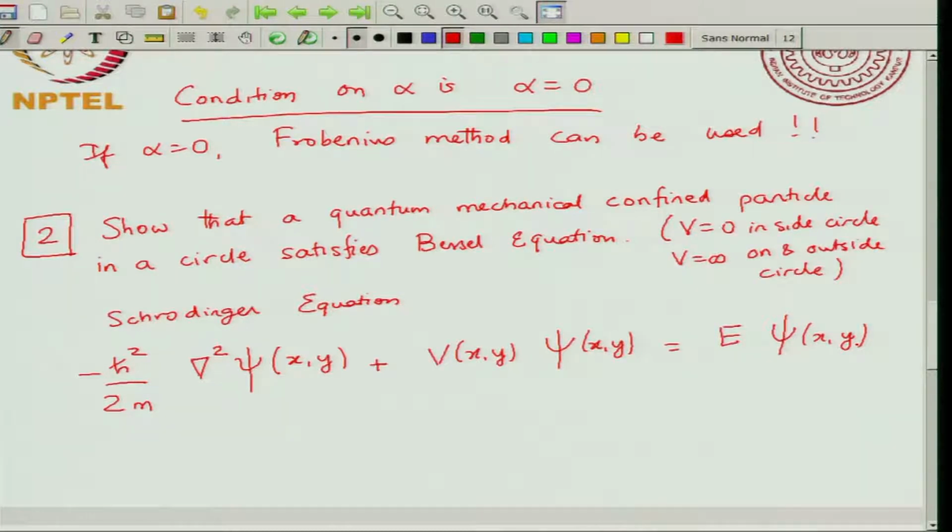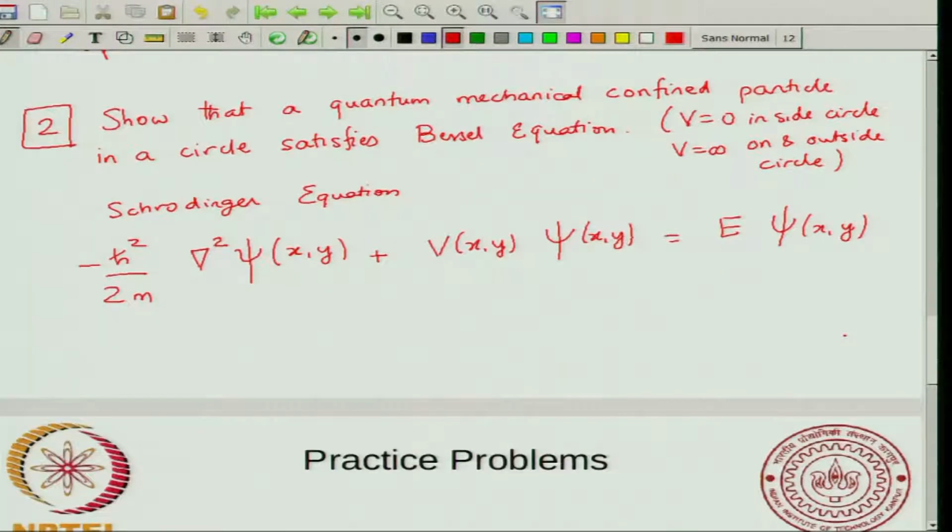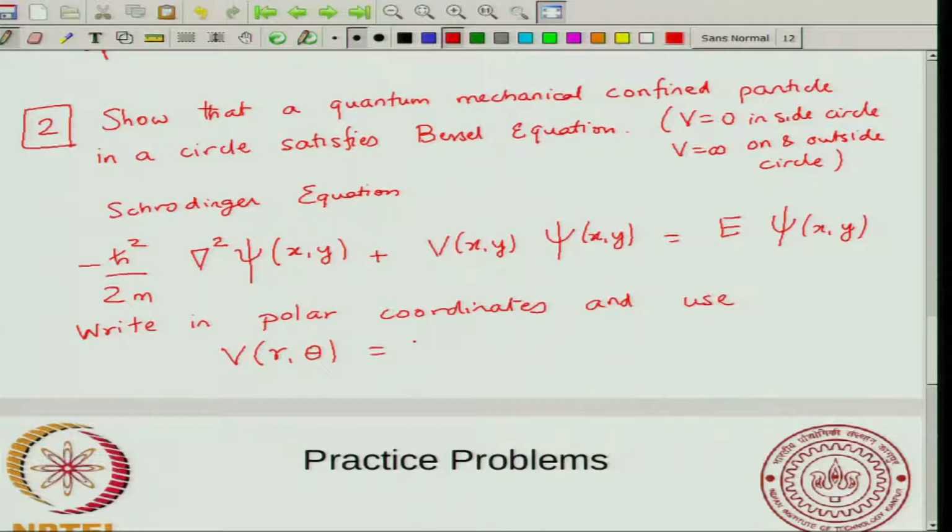Now, what we will do is write this in polar coordinates and use V of r theta equal to 0 if r is less than some radius, I will call the radius capital R, and equal to infinity otherwise.